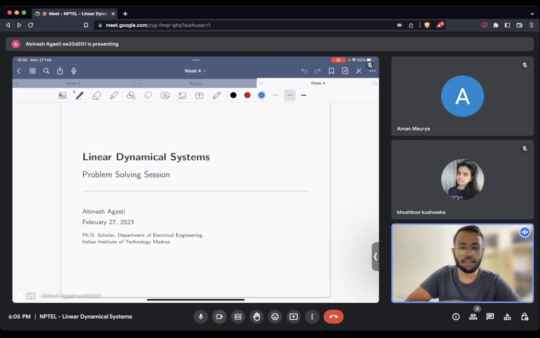So today we'll start with the problem solving session corresponding to week 4's content. Today we'll delve in more depth into controllability. Last time we saw most of the normal controllability cases and how to find controllability, and we delved a little into linear algebra topics like what is the image of a number of vectors of a matrix.